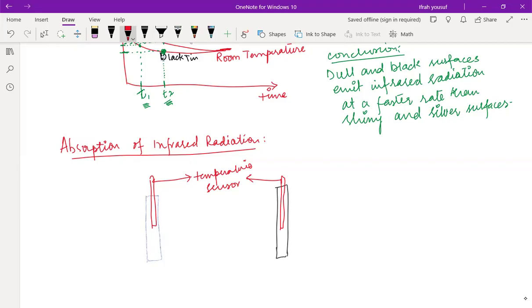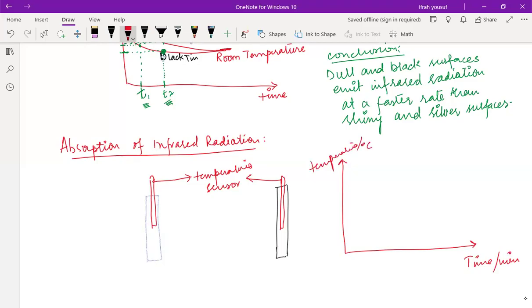And the graph that we get after this experiment, the time in minutes or seconds, right? और यहाँ पे हम टेम्परेचर ले लेंगे in degree Celsius.